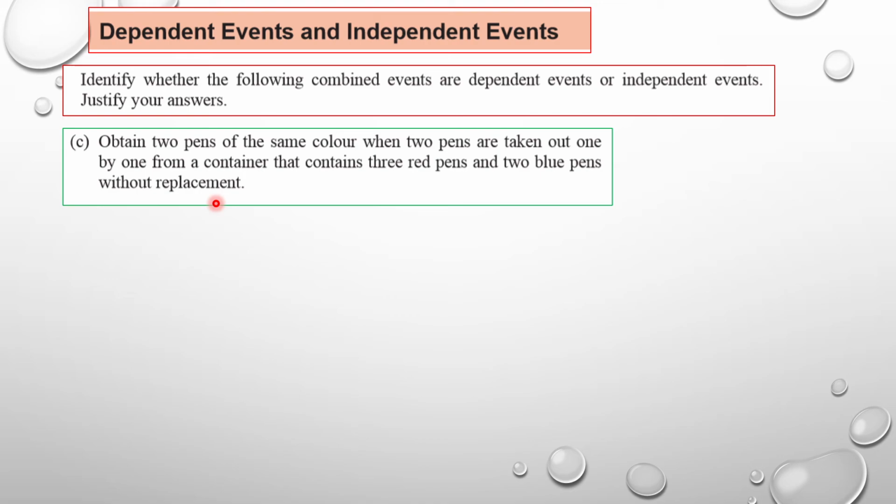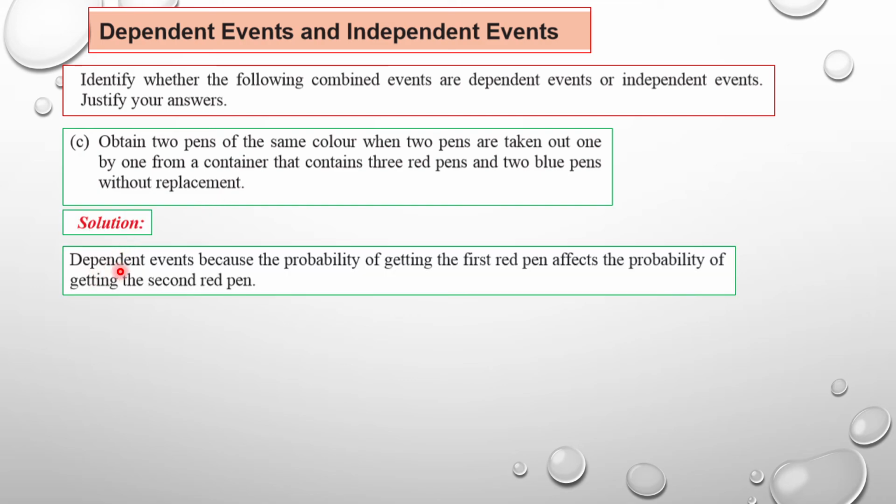If you just imagine you pick the pen for the first time. Now for the second time, since we are not going to replace the pen, the number of pens is not going to be the same as the first time. Therefore the occurrence of the second event depends on the occurrence of the first event. Therefore here it is a dependent event.